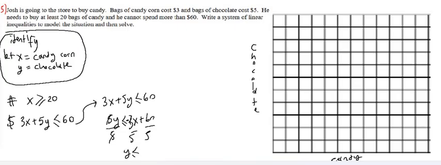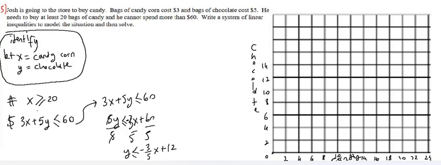So y is less than or equal to negative 3/5 x plus 60 divided by 5, which is 12. So we can go 2 by 2 on the y-axis: 0, 2, 4, 6, 8, 10, 12. And on the x-axis, we can still go 2 by 2: 10, 12, 14, 16, 18, 20, 22, 24.